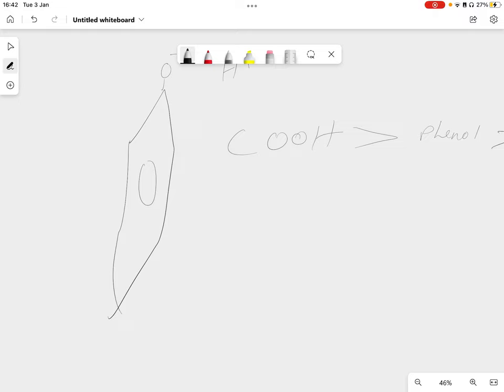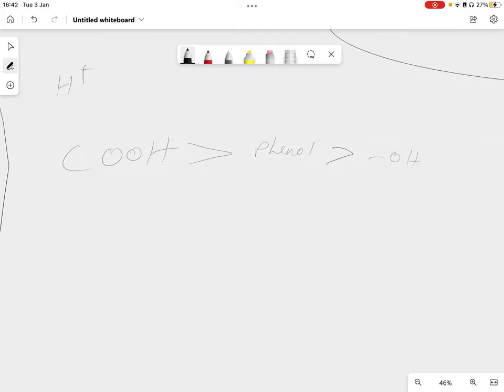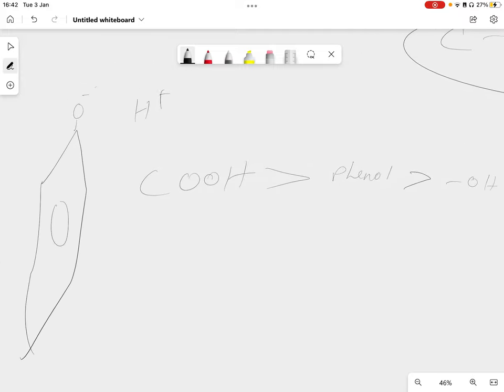So that is the distinguishing test. If you have a carboxylic acid reacting with sodium carbonate, you'll get bubbles. That is how you can tell. If there are no bubbles with sodium carbonate, you can assume that it's a phenol without any further tests necessary for that reaction. Okay, going on to the final bit, the reactions and the tests for phenol.